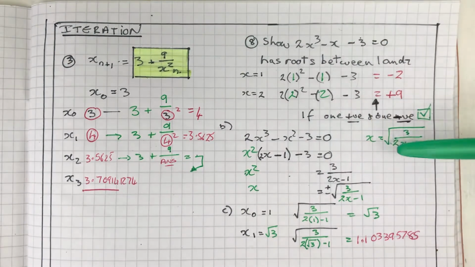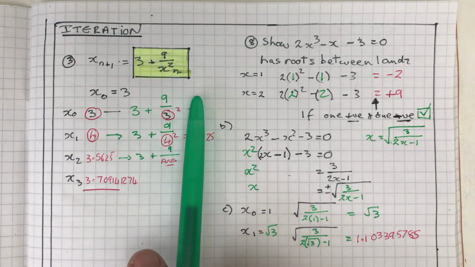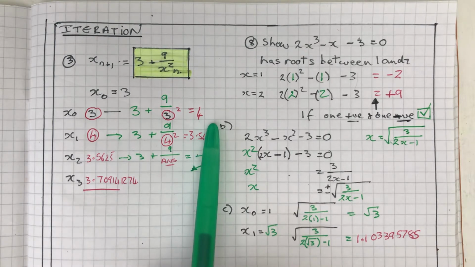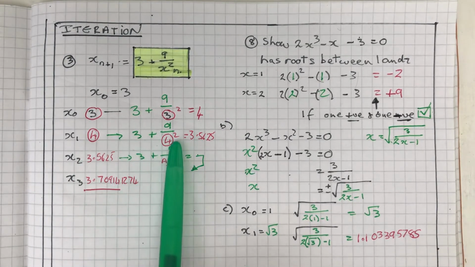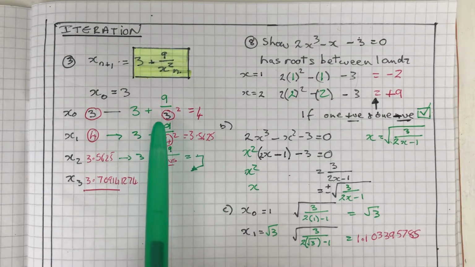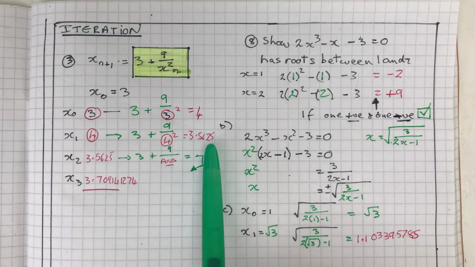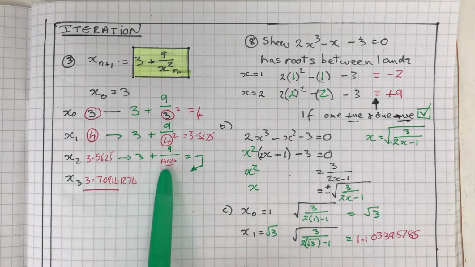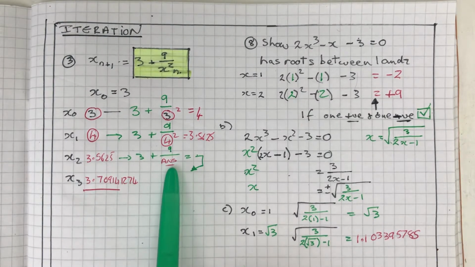So if you look here, they said start off with 3. I put 3 in. I get 3 plus 9 over 3 squared, which gives me 4. I take 4. I put 4 in. 3 plus 9 over 4 squared. I get 3.5625. So I've gone from 3 to 4 to 3.5625. I take that answer and I put it in. I've not written it down here, I've just written ANS, so whatever that value was there.